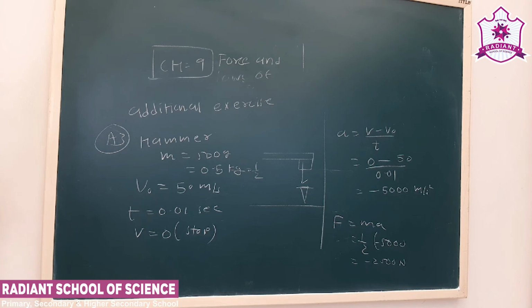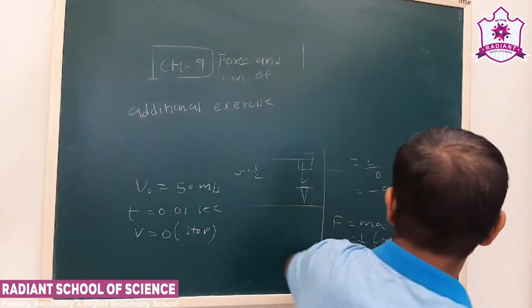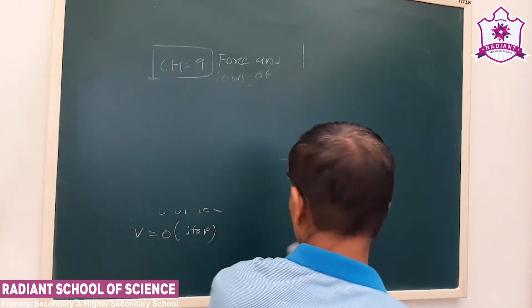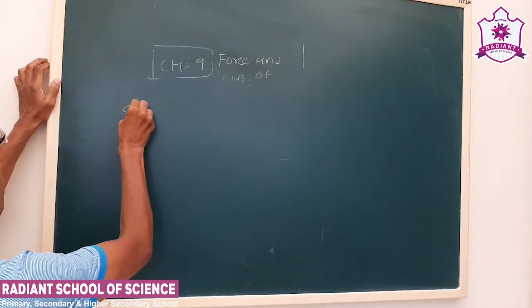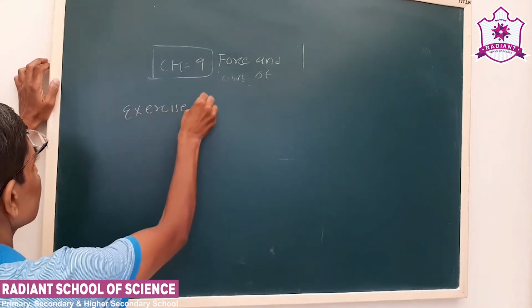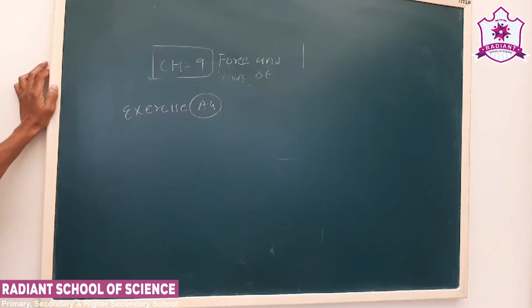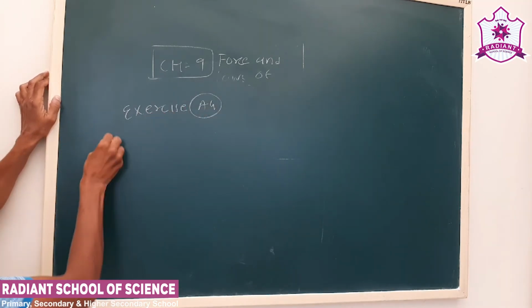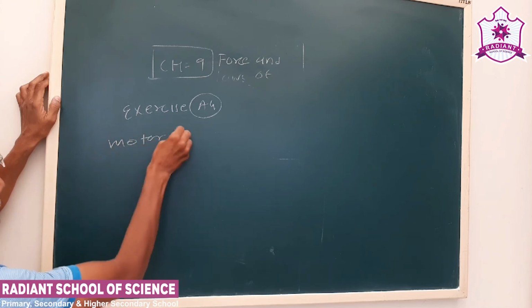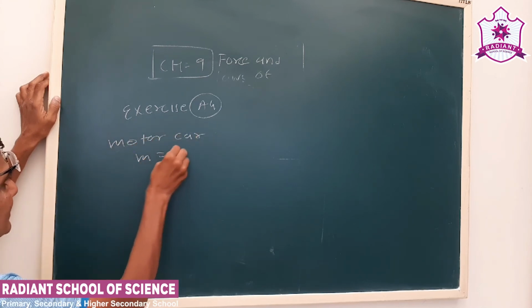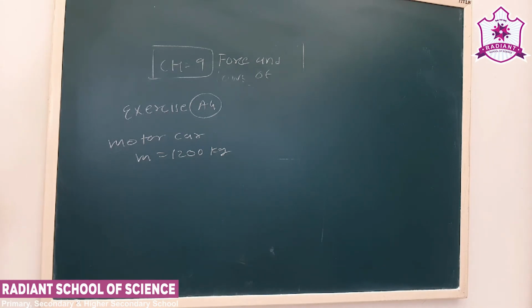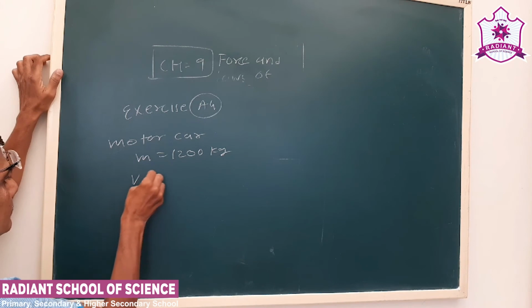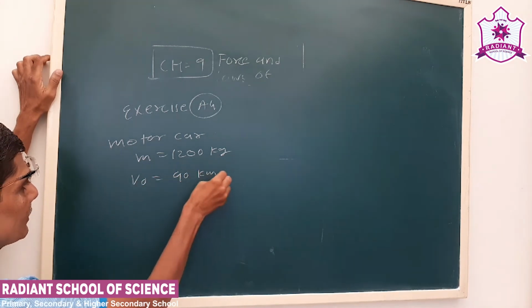Now next is exercise sum number A4. Now see, a motor car of mass 1200 kg moves along a straight line with a uniform velocity of 90 km per hour.